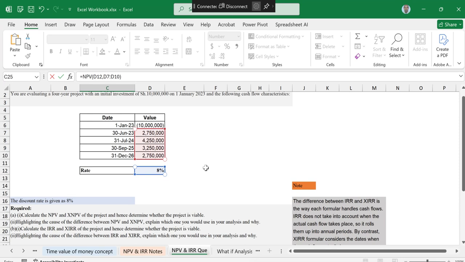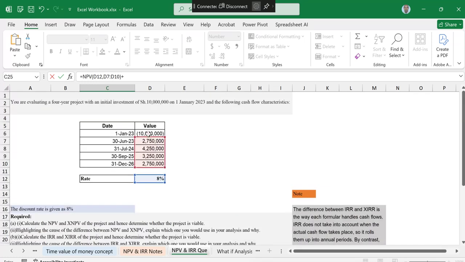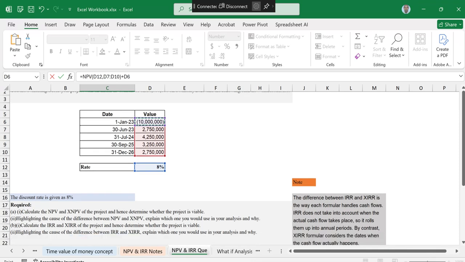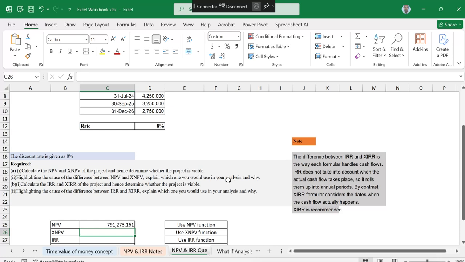So close the bracket and then add the outflow of 10 million. The outflow is in cell D6. Enter, and that is your answer. NPV is 791,173.161.